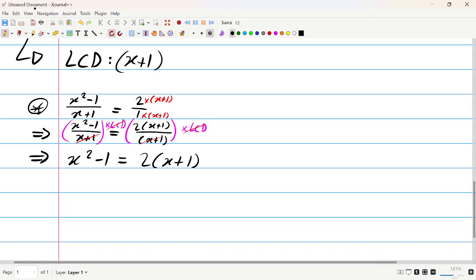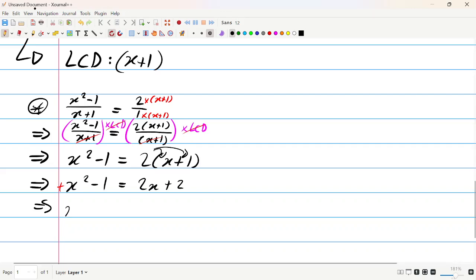I know we could have done an easier method, but for example purposes, it's best to get used to this. From here, x squared minus 1 equals, we just multiply the 2 into the bracket. So 2 times x is 2x, and 2 times 1 is positive 2. Then we can take everything to this side, because we have a positive coefficient for our x squared.